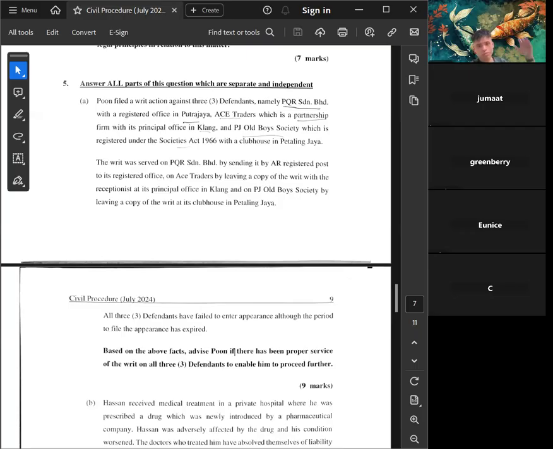Now, the second one, Ace Trader, because they served it on the receptionist, which has contravened Order 77. So not valid as well. Then the third one is the PJ Old Boy Society. And since it is being left in the clubhouse, it's also not valid. Is that okay for everyone? Once you have concluded all three subheadings, then you can proceed to the next question.